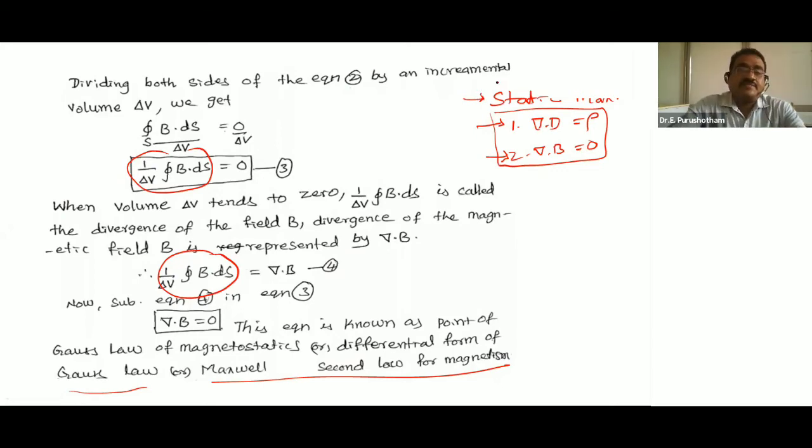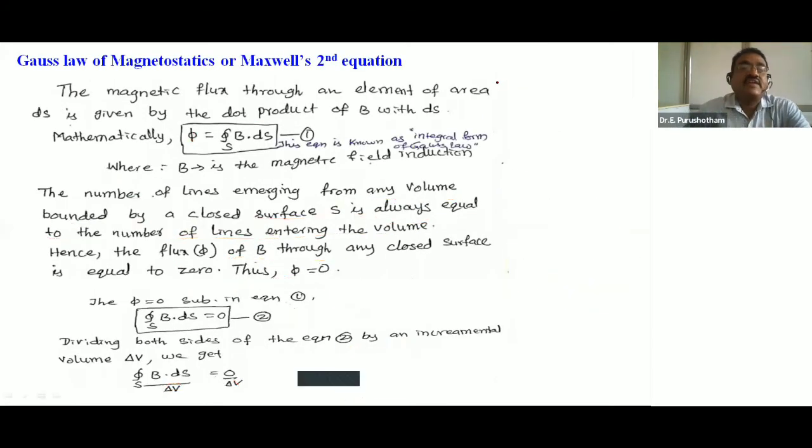Again, I am discussing Gauss law of magnetostatics, or Maxwell's second equation: del dot B is equal to 0. The divergence of magnetic field induction in a closed surface is equal to 0, which is called Gauss law of magnetostatics or Maxwell's second equation.